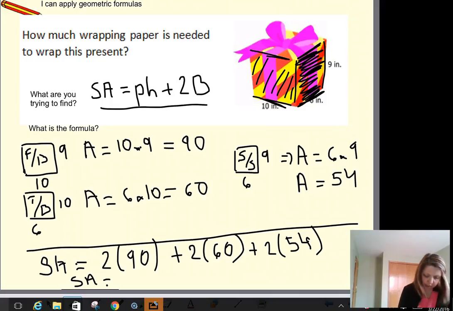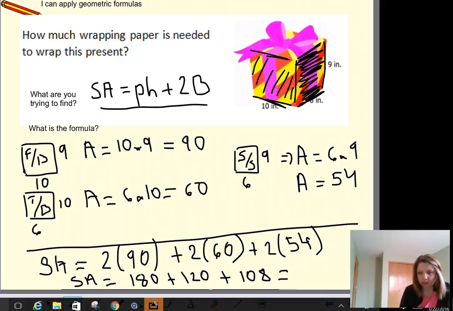So the surface area will be equal to 2 times 90 is 180, plus 2 times 60 will be 120, plus 2 times 54 is 108. The next step will be to add all those together.